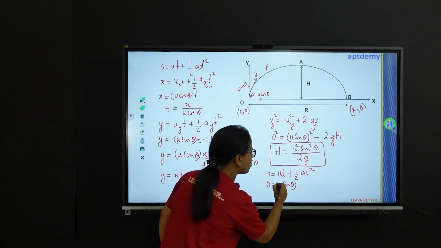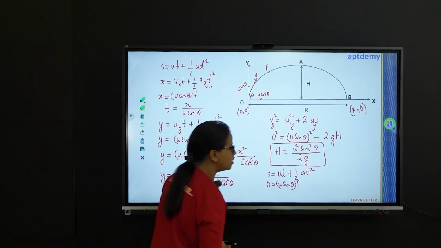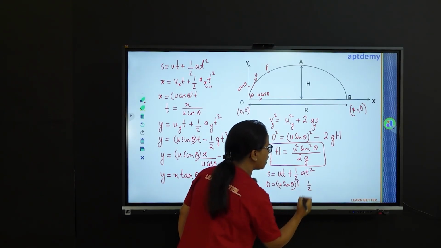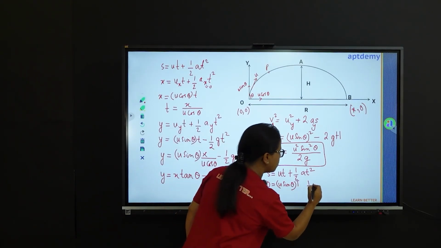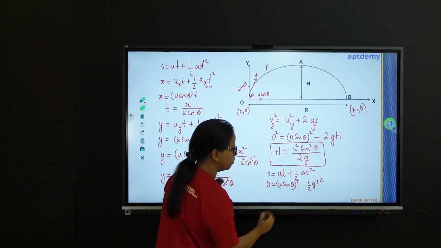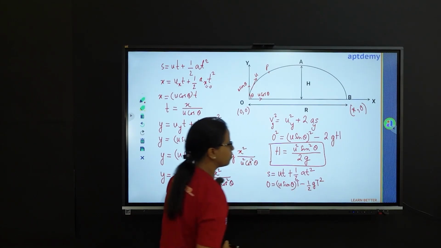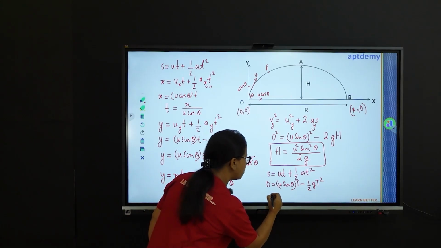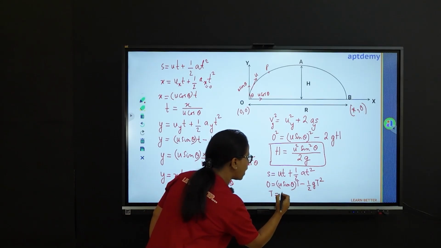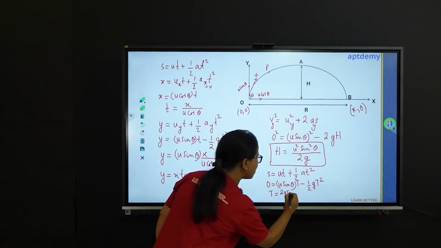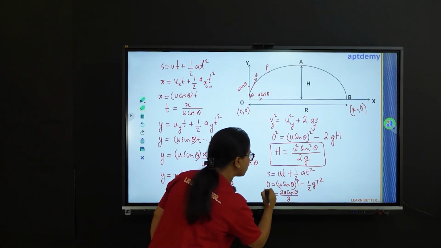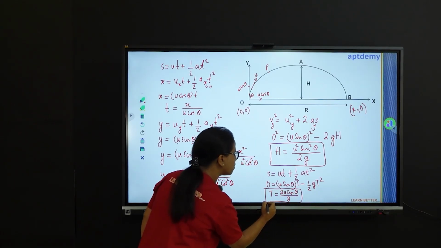The time is the time of flight, we take it as capital T, and then we have half a y, that is negative g, and this is capital T square. So what are we left with? We have T, the time of flight, as 2u sin theta by g. So this is another important expression for the time of flight.